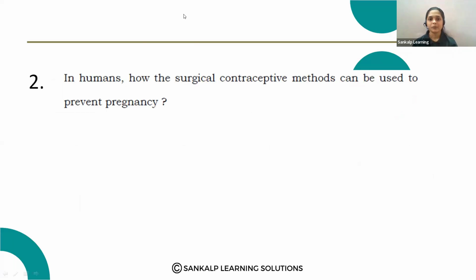Next question. In humans, how can surgical contraceptive methods be used to prevent pregnancy? In humans, some contraceptive methods are used. In those contraceptive methods, the surgical method is also one of the types to prevent pregnancy. The first type is the vas deferens.